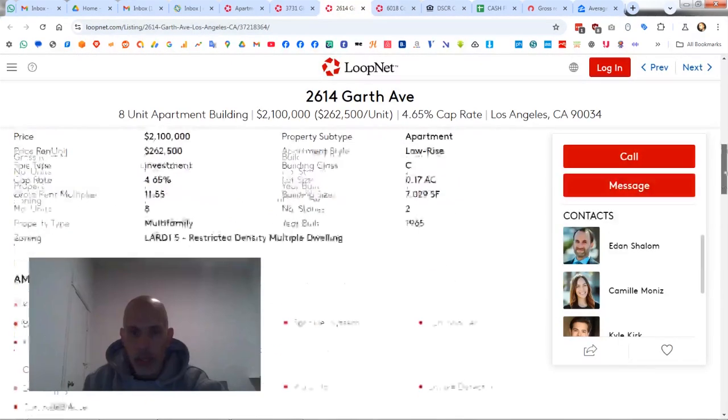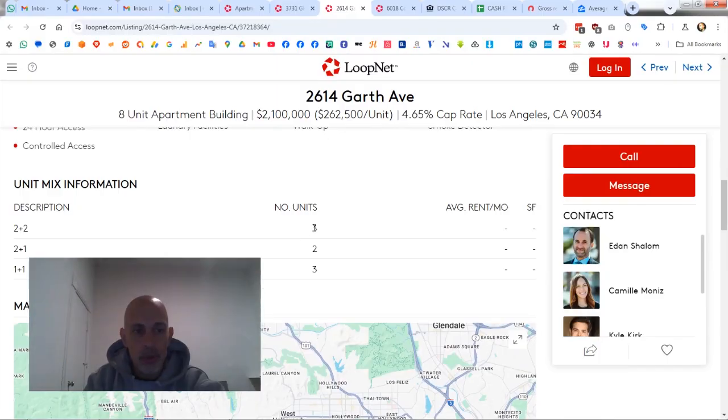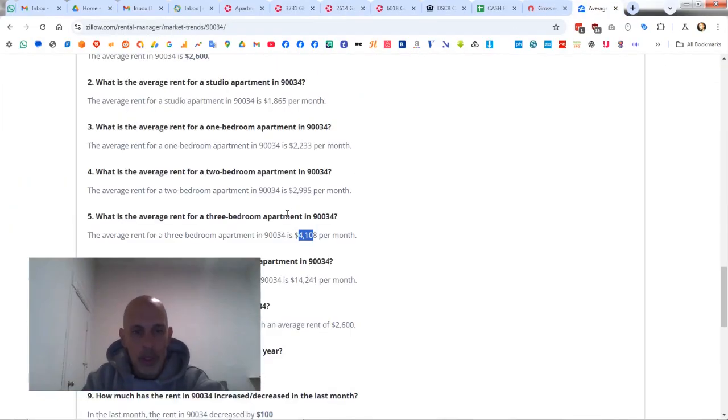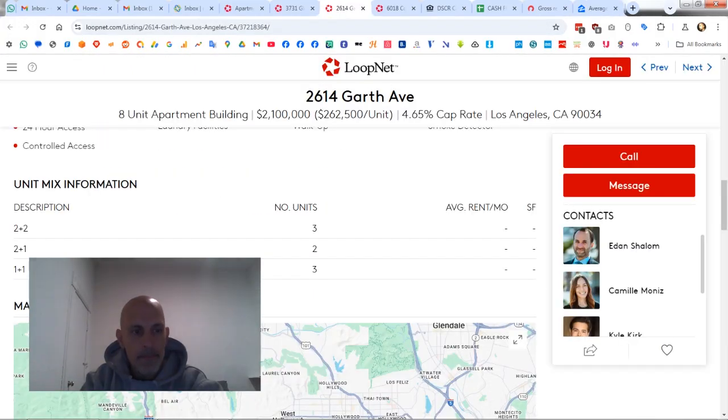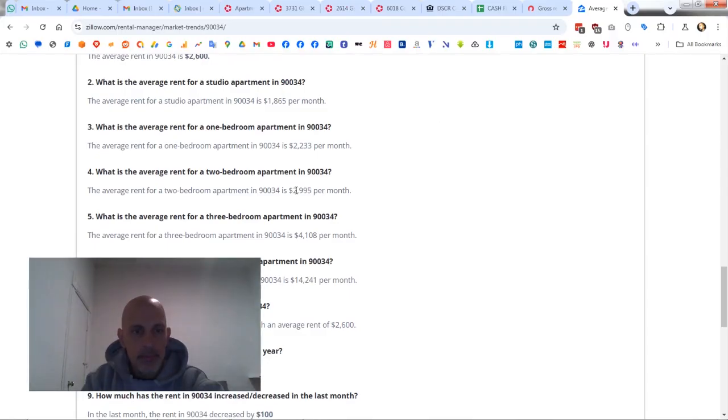So let's see what kind of bedrooms these are. 2 plus 2, so we're looking at $3,000 a month for each. 2 plus 1, probably $2,900, $2,800, something like that.